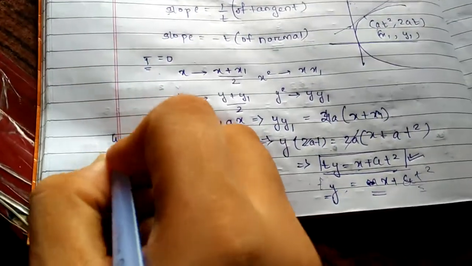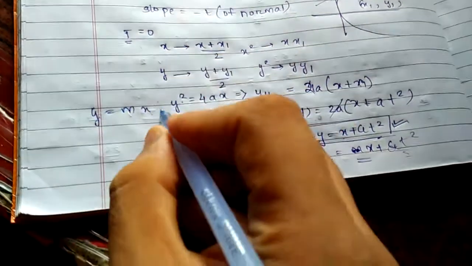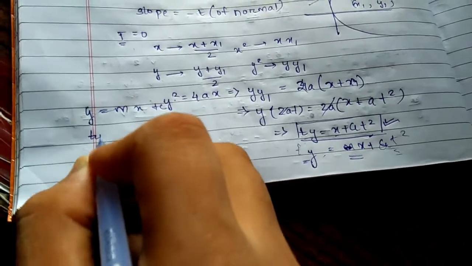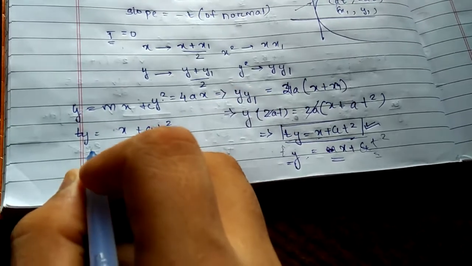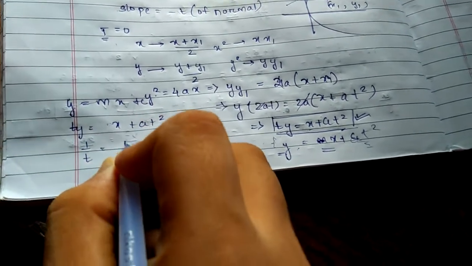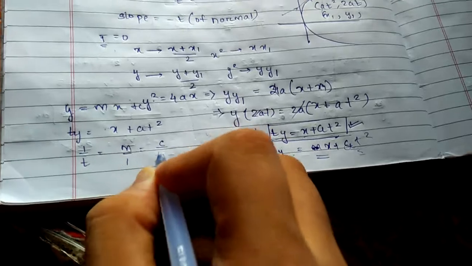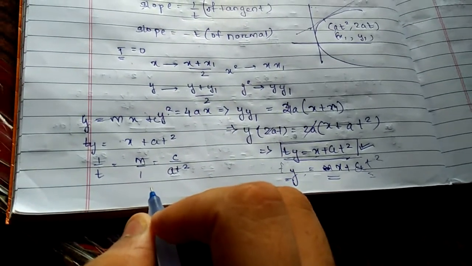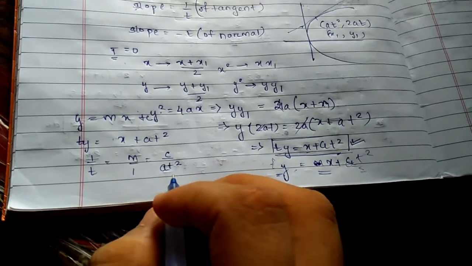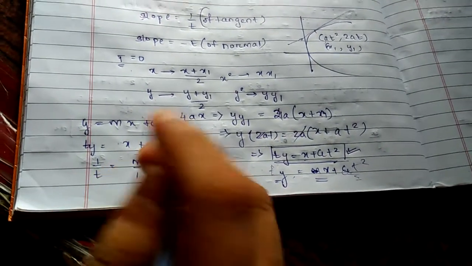Now comparing y equal to mx plus c and ty equal to x plus at square, just compare: 1 by t equal to m by 1 equal to c by at square. Okay, clear? Because these two equations represent the same thing.